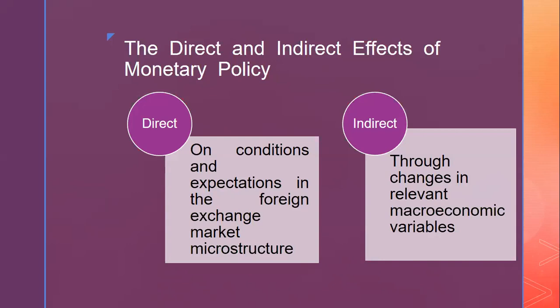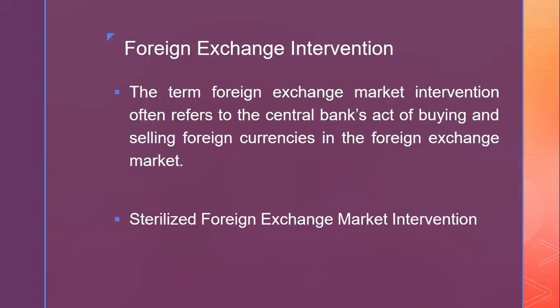And the direct impact, that is the short run impact, they use the monetary policy announcements to affect the expectation of the foreign exchange market microstructure or the participants of the foreign exchange market, thereby changing the exchange rate. So that is the first way that they use to affect the exchange rate at the operational level.